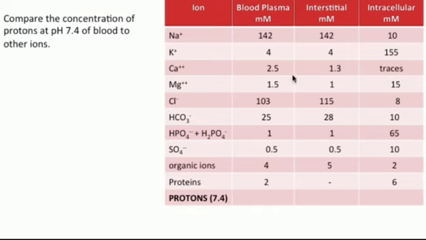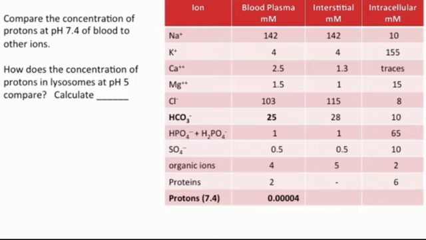So they're kind of reverse between these. But if we look at the proton concentration compared to all of these other ions, we will find that the proton concentration is extremely low. Here again, we're listing it in millimolar rather than in nanomolar, and that's why there's not 7 decimal places here.